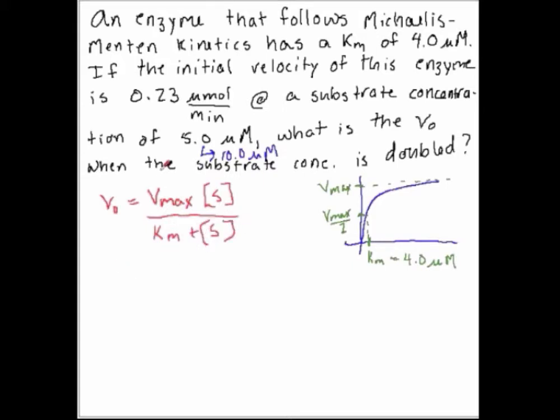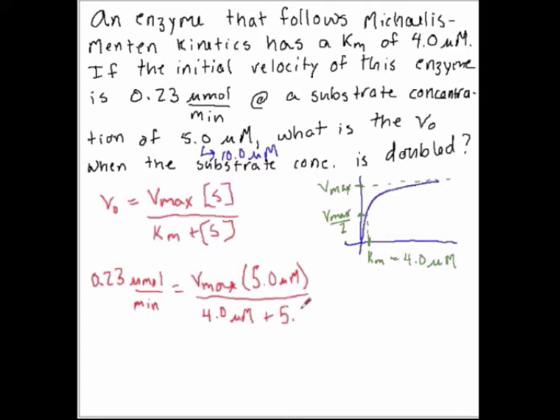And we're given the information that the velocity of 0.23 micromole per minute occurs when the substrate concentration is equal to 5.0 micromolar. The Km again is 4.0, plus 5.0.